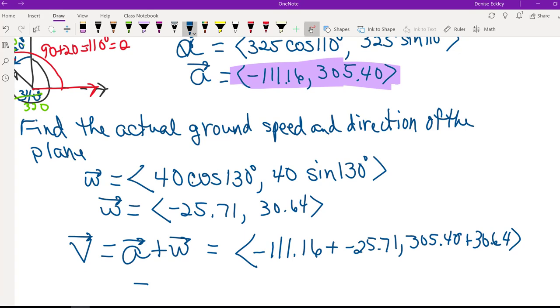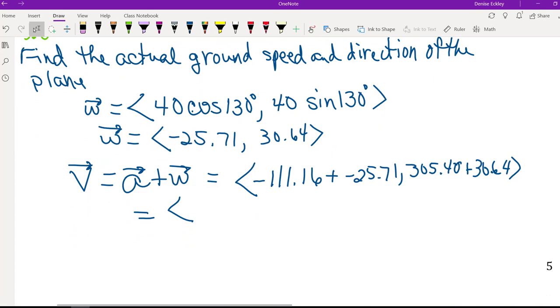So simplifying this, we get the vector negative 136.87, comma, 336.04. So we just have to find the magnitude of this vector to get the speed, and then use that to help us find theta.